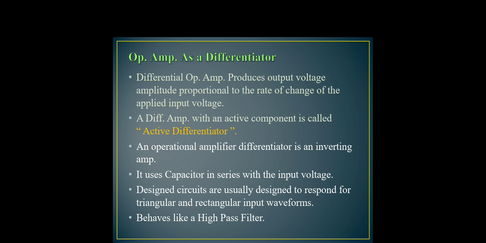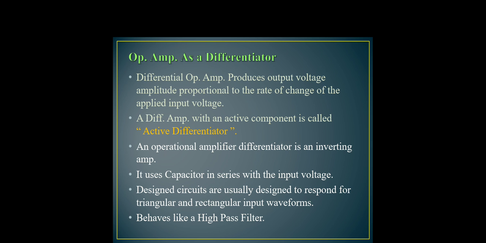Here, when an operational amplifier acts as a differentiator, it produces an output voltage proportional to the rate of change of the applied input voltage. The output voltage amplitude is directly proportional to the rate of change of the applied input voltage.